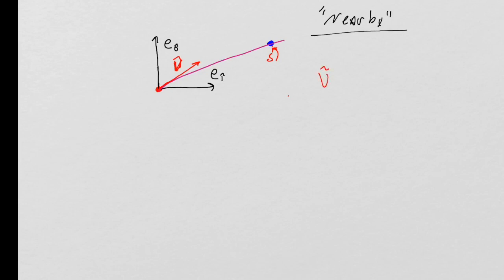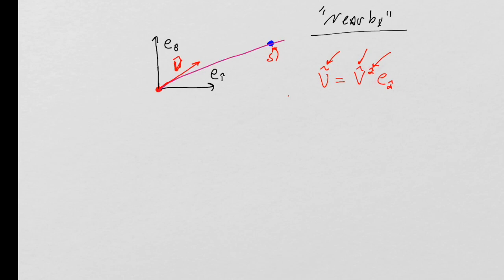So v hat still equals v hat alpha hat E alpha hat. Now notice I got all these weird hats. This hat is meant to mean a unit vector, or normalized vector. This other hat means the tetrad basis.